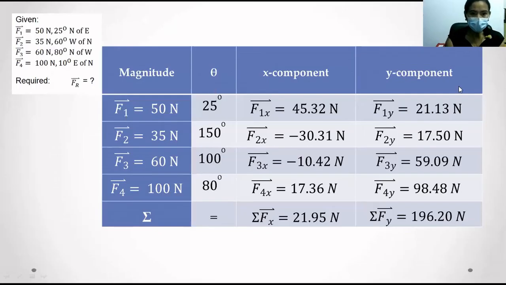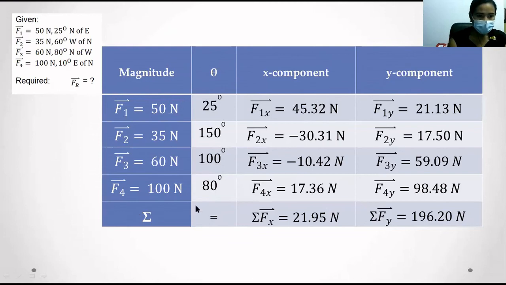So what I like about the component method is you can have several vectors here, but you need to find angle theta as measured from the positive x-axis going counterclockwise. Most probably this is the most crucial part. The moment you get wrong angle thetas in this column, all the rest of these magnitudes will be wrong.